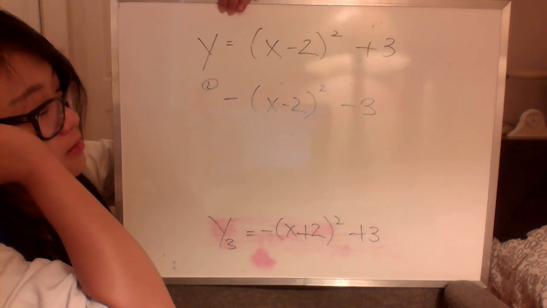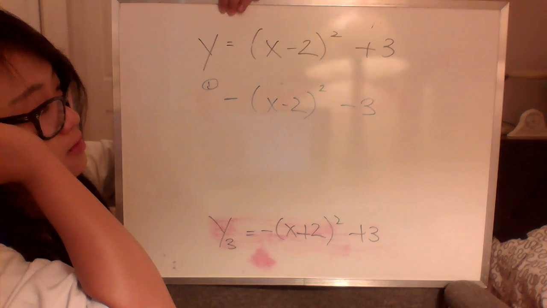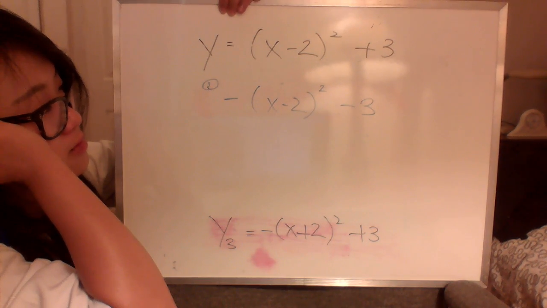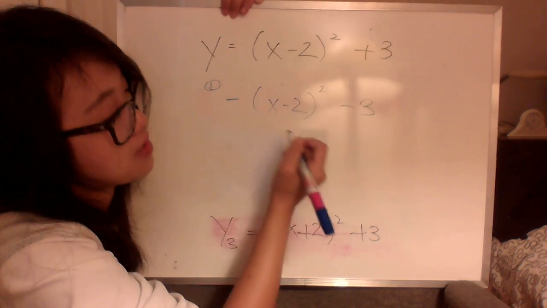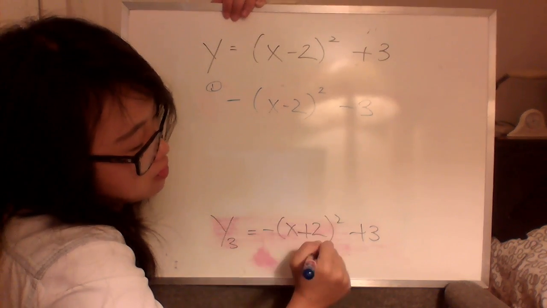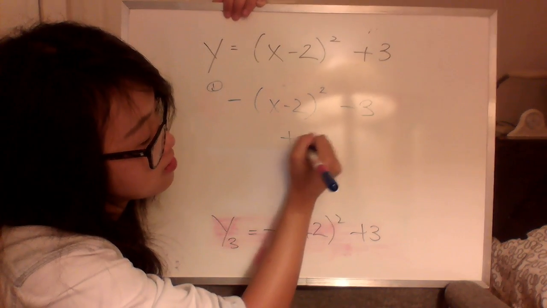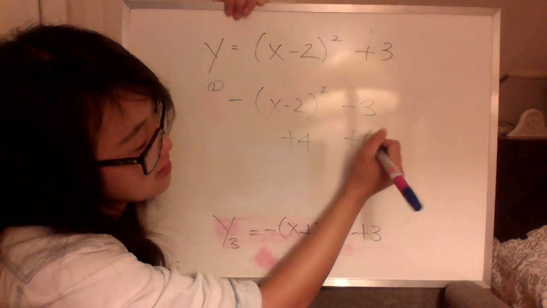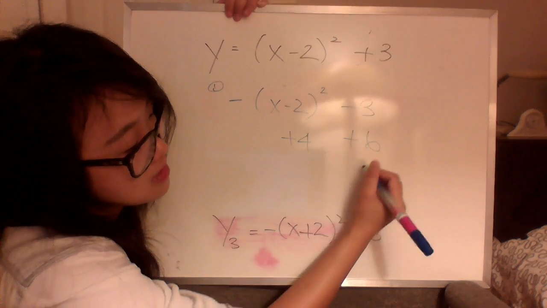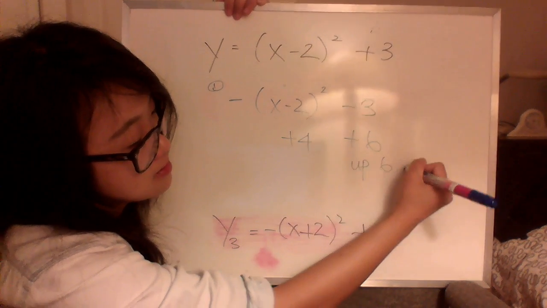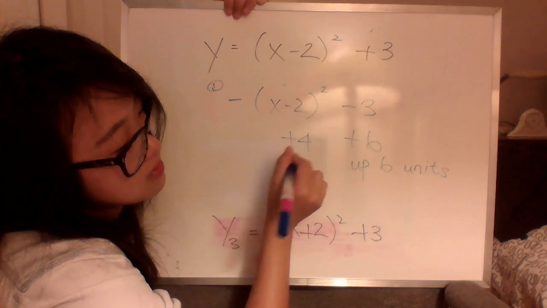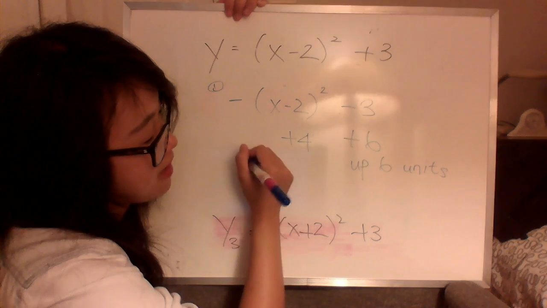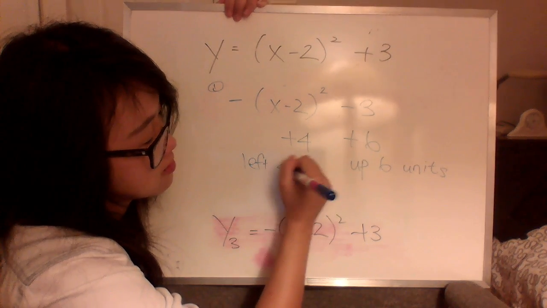Okay. Okay, after this, we know that in order to get this -2 to a +2, you have to +4. And this one, you have to +6. Okay, +6 means that up 6 units. -2 plus 4, that means it had moved to the left 4 units.